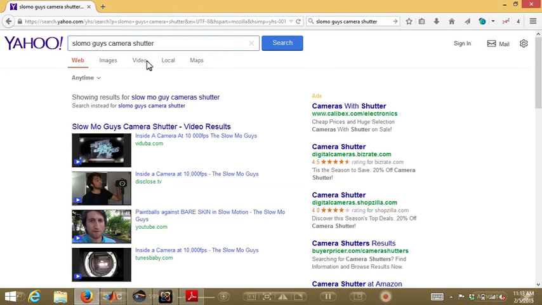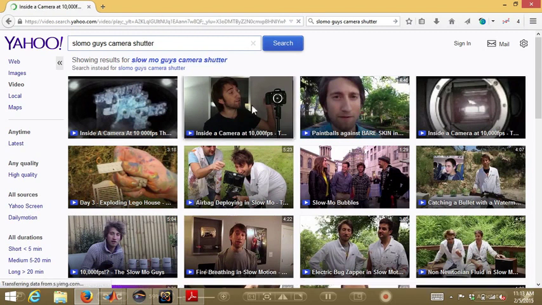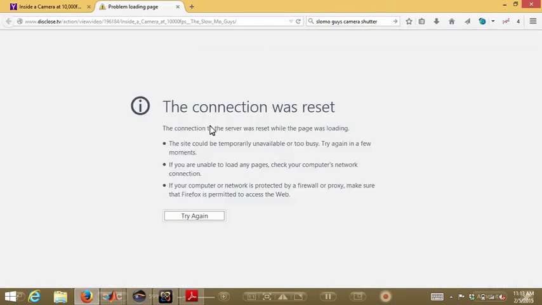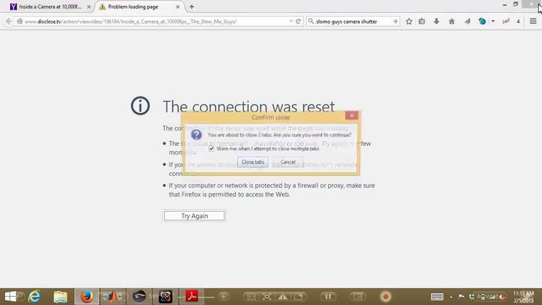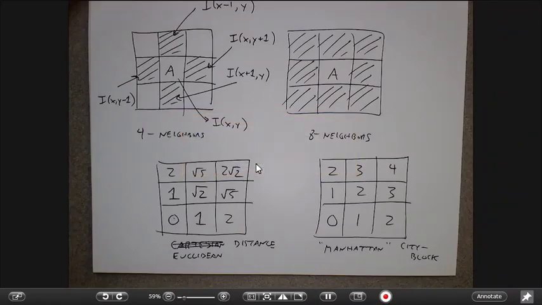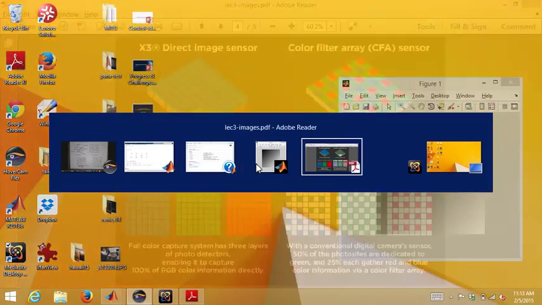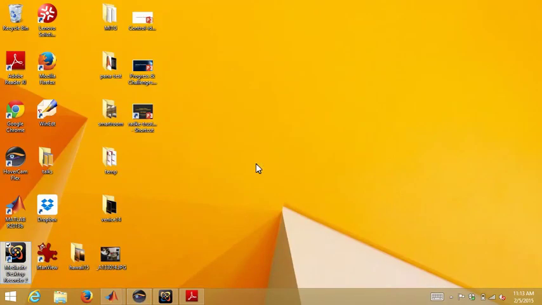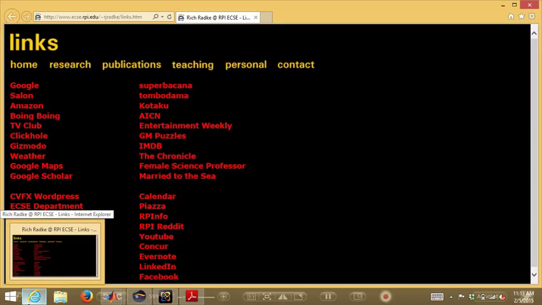I don't know why. What am I using Yahoo search for? Oh no. Something must have gotten screwed up. Yeah, let's see this one. Ugh. I have a feeling that something bad happened to my browser settings. Let's try this instead.